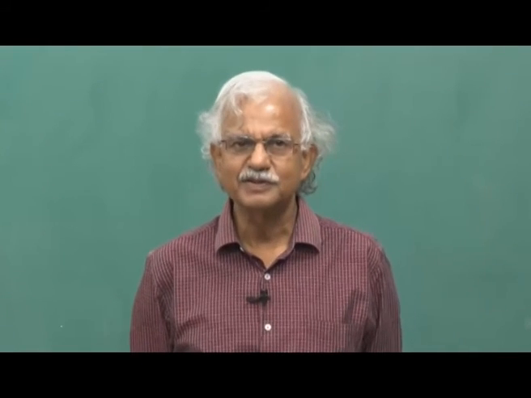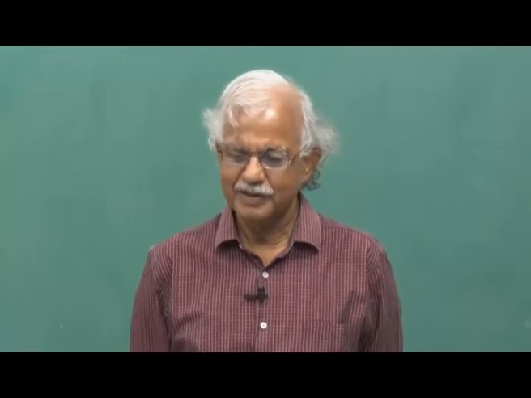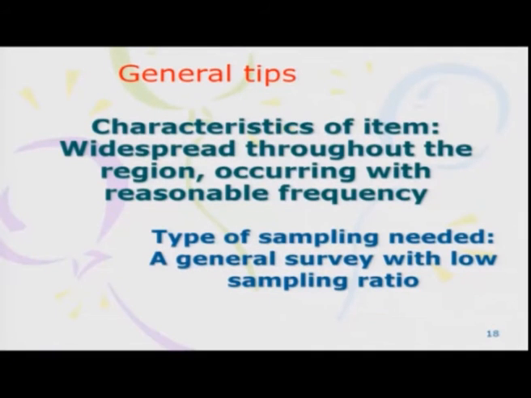There are some tips for selecting a sample depending on characteristics of items. If the item that you are studying is widespread throughout the region, occurring with reasonable frequency, then the type of sampling needed would be a general survey with a low sampling ratio. Low sampling ratio, because it is widespread. From all parts of the population you will get some observations.